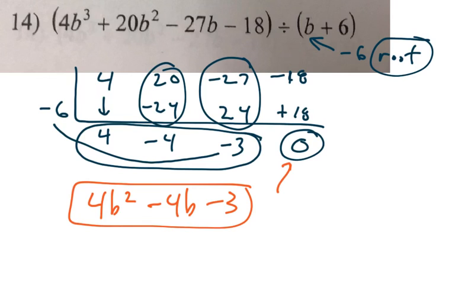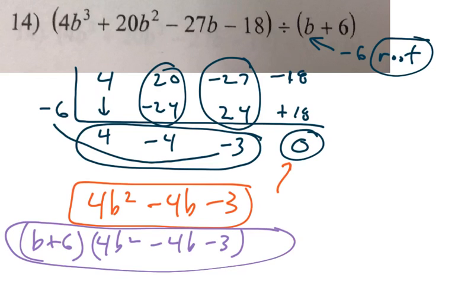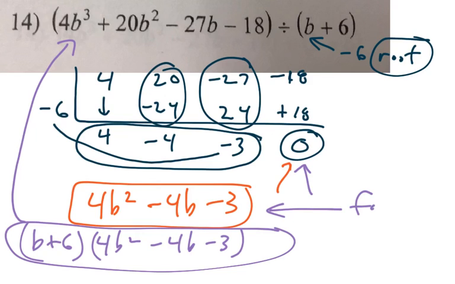Because of the 0 remainder, what that also means is that if I took 4b squared minus 4b minus 3 and I multiplied it by b plus 6, this will get me back to what I started with. Again, what does this 0 result mean? We have actually a perfect factor here. Pause the video if you need to.